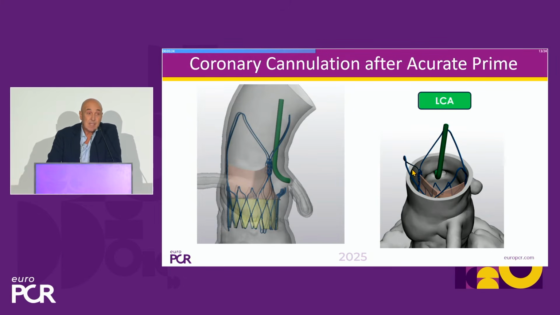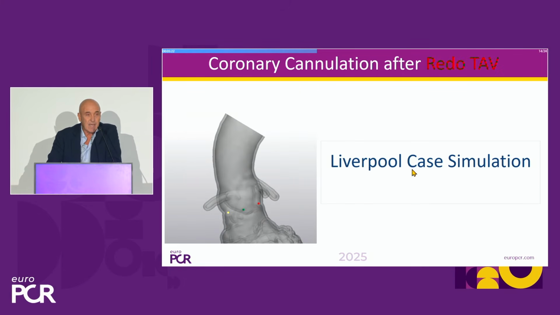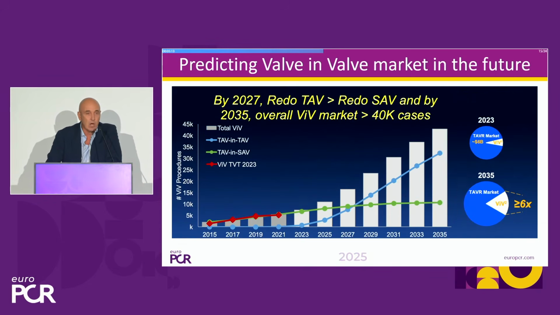The second very important point is the redo TAV. As you know, this procedure will probably grow a lot in the next years. We have some data showing that TAV in previous surgical biological valve is a kind of flat line, but we will have to face an increased number of patients with degenerated TAVI.